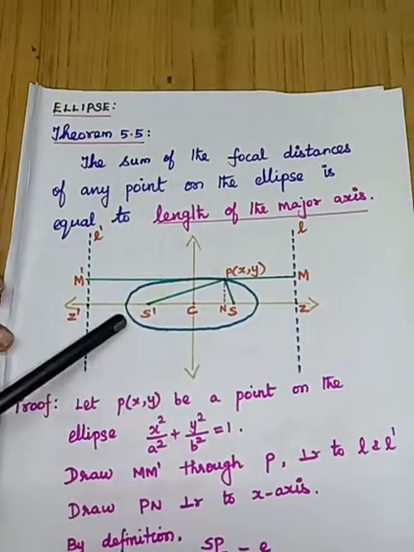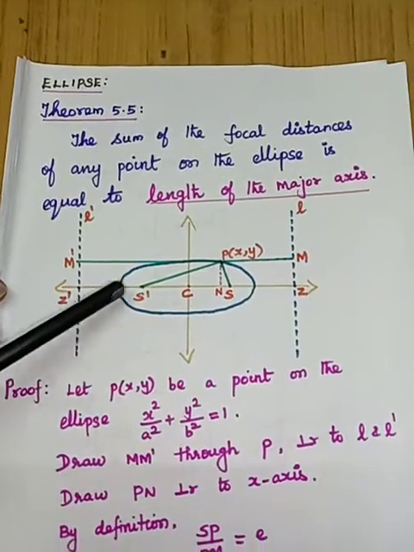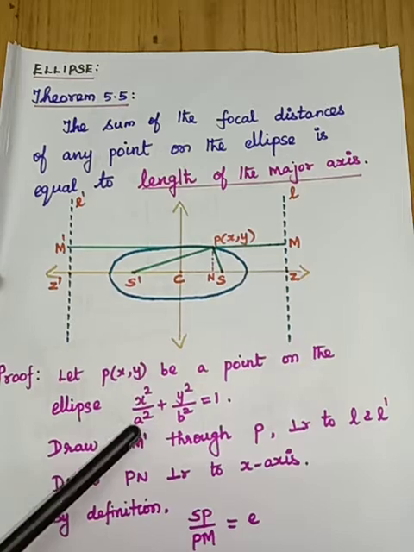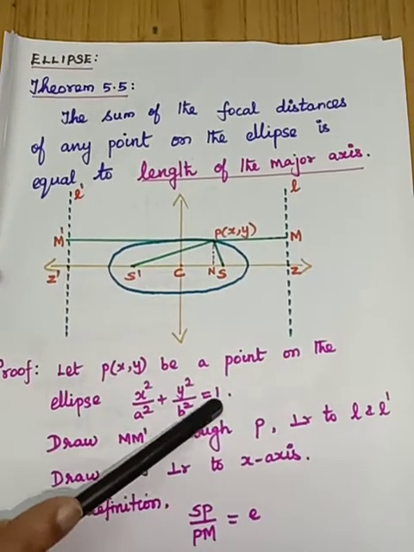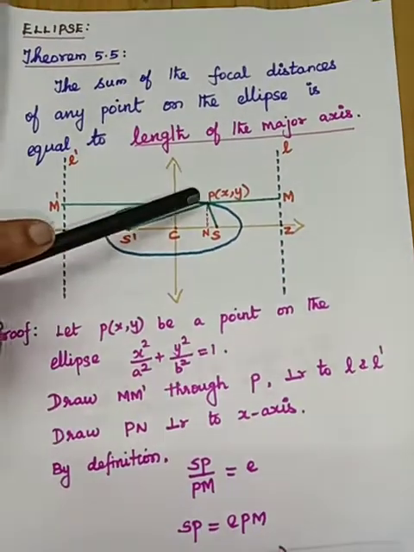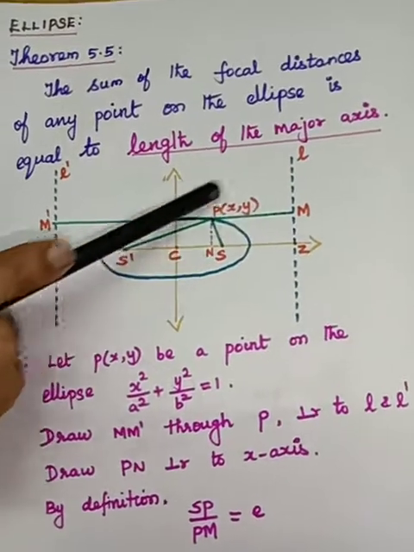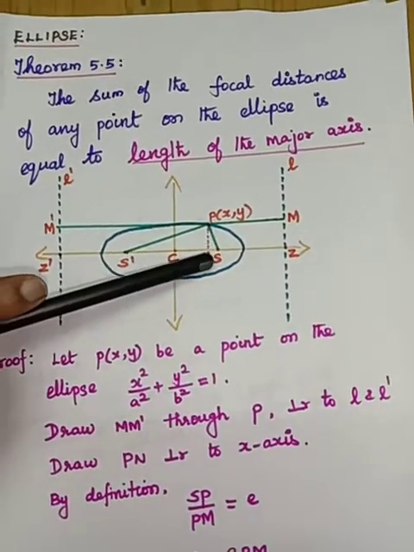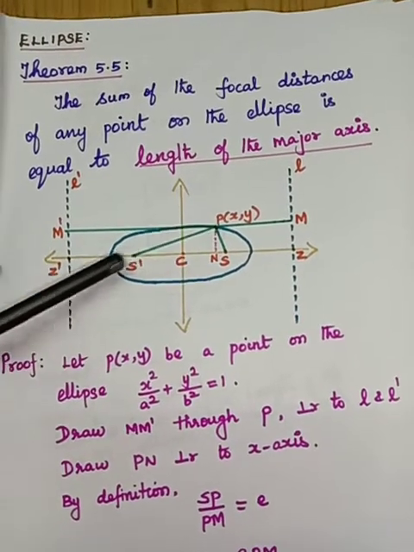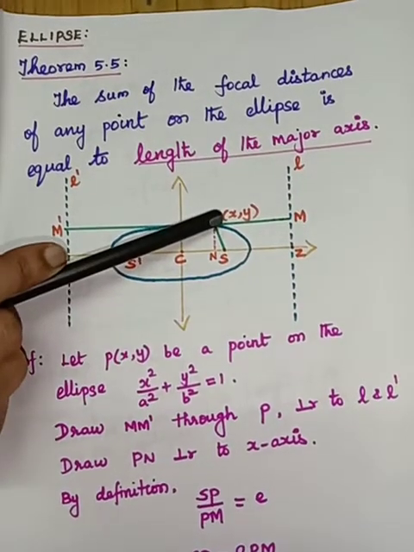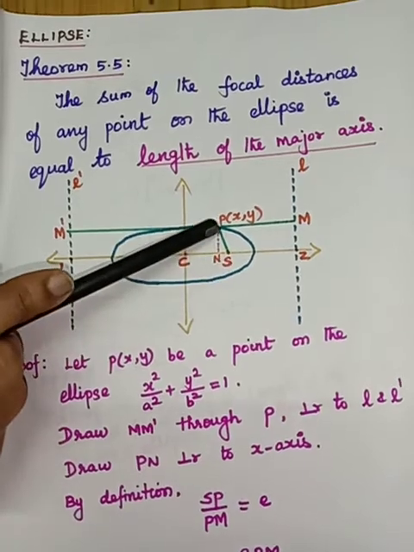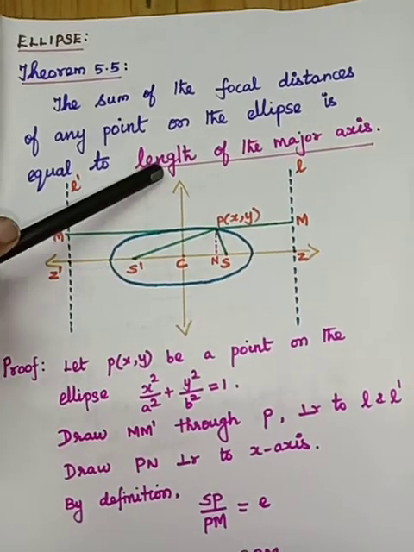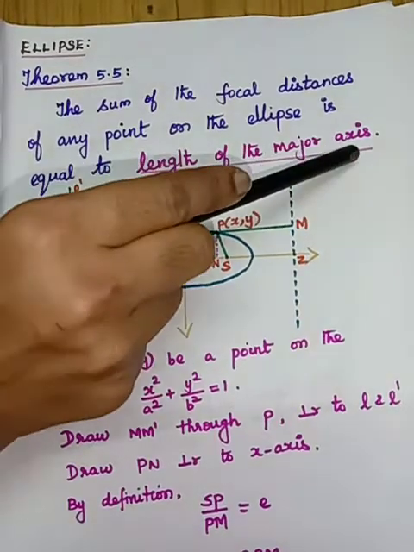I have taken the ellipse whose major axis is on the x-axis. So its equation is x squared by a squared plus y squared by b squared is equal to 1. Let P(x, y) be a point on the ellipse. Here there are two focal distances, one is SP, another one is S'P. While adding SP plus S'P, I have to show it is equal to the length of the major axis.